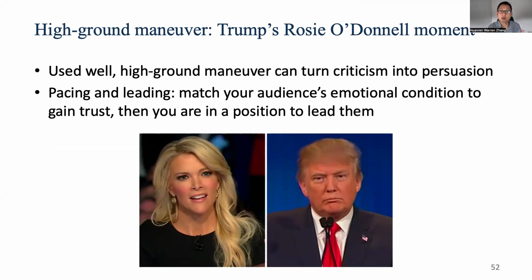And then after matching the audience's emotional condition, you're gaining the trust from them, and then you are in the position to lead them, right? So that's how high ground maneuver can turn a criticism into opportunities of influencing other people, right?